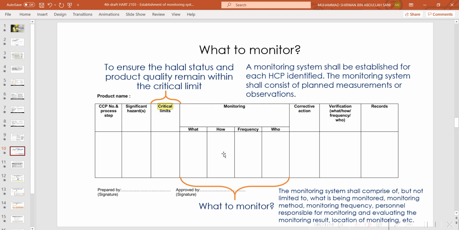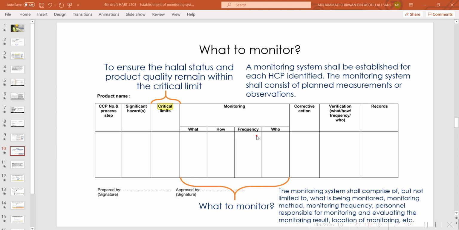For your information, most halal certificates have 2 years validity, and for slaughterhouses, only 1 year. So take note when you monitor halal certificates, make sure it's still valid and genuine. This falls under the how column.